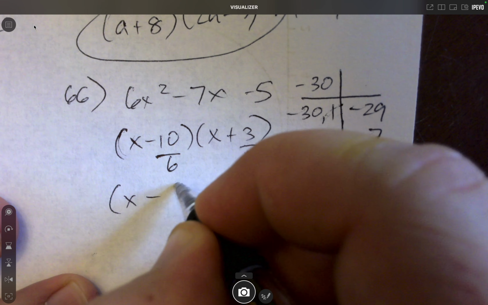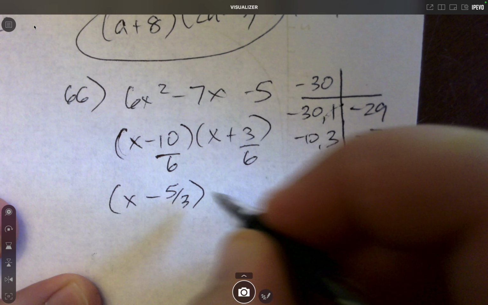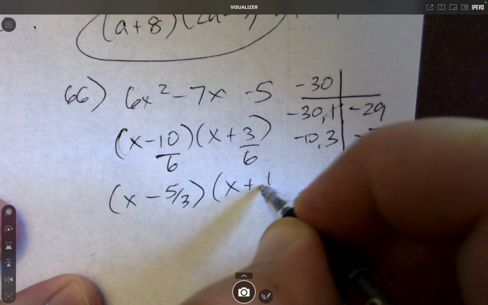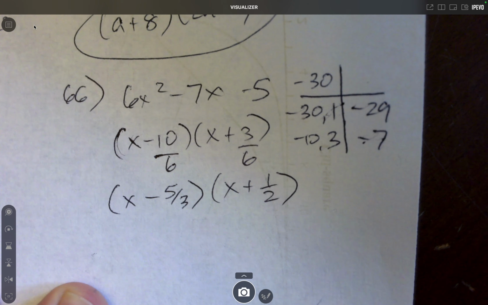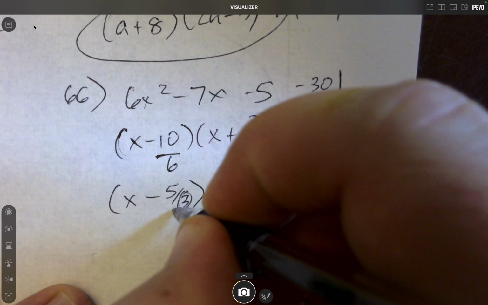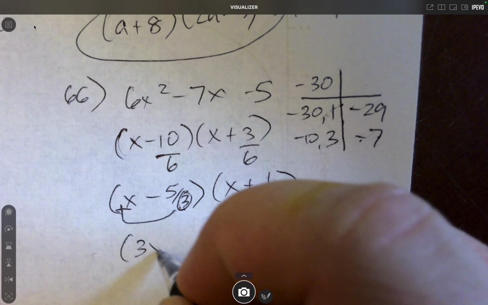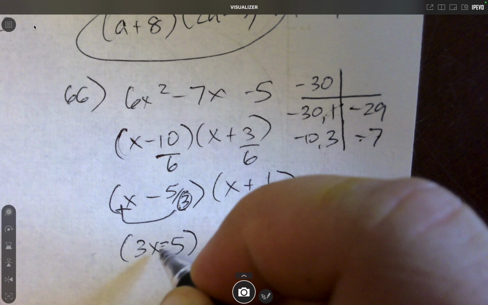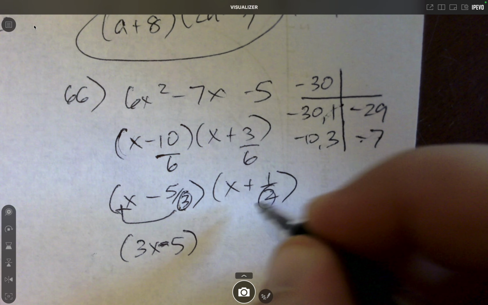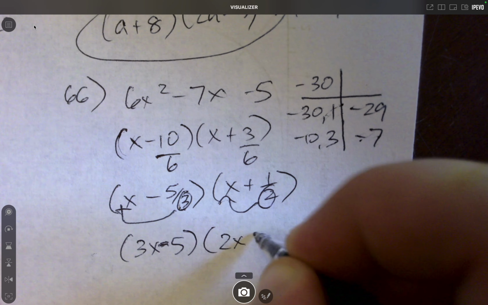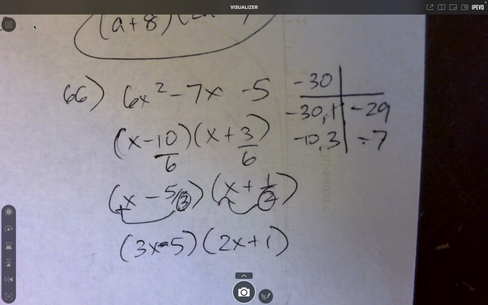So 10 over 6 reduces to 5 over 3. 3 over 6 reduces to 1 over 2. So before you bring the bottom up, you must remember to reduce the fraction. So on this one, the 3 comes up, giving us 3x minus 5. On this one, the 2 comes up, giving us 2x plus 1.